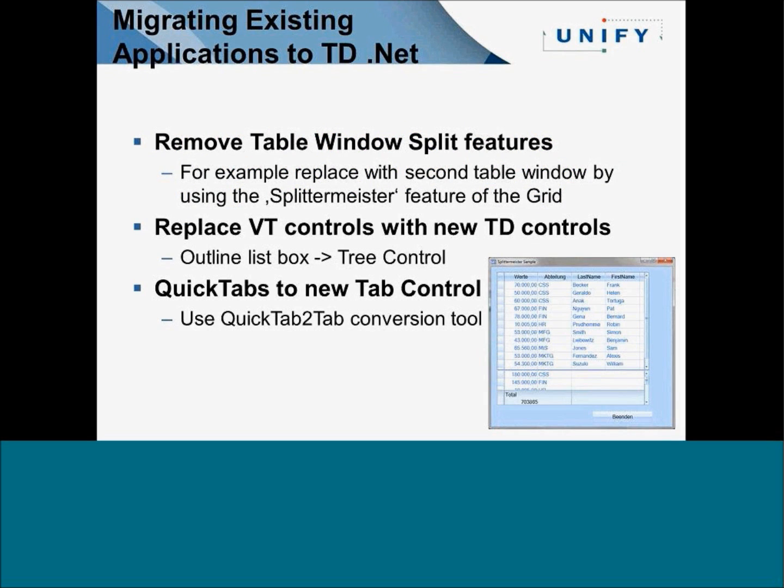One point you have to take care of is that if you want to go to .NET, you have to remove the table window split features. That means the table window could be split into two or more parts, and maybe you have a detail area, a summary area, and maybe a total section of the table and the data.